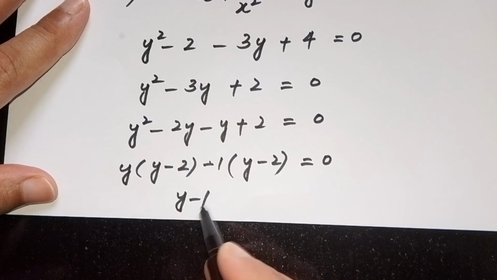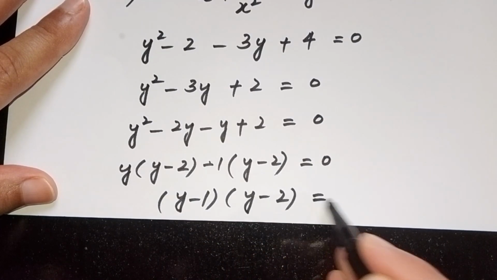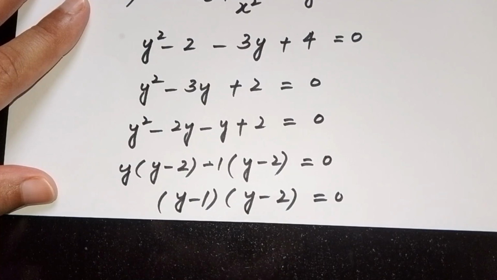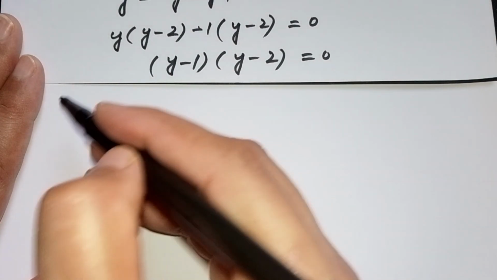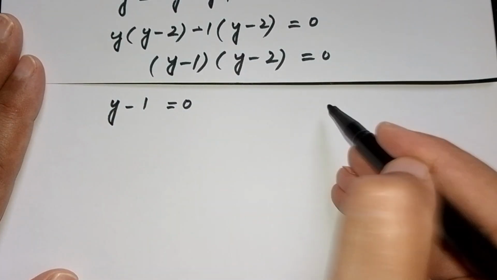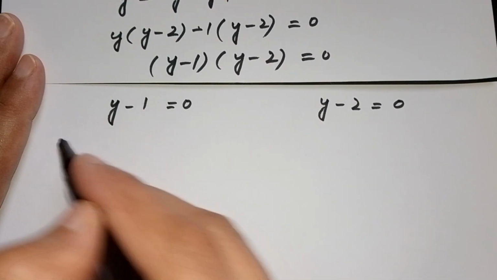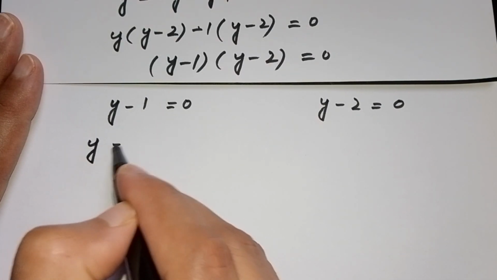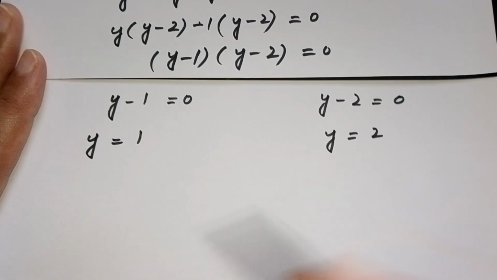From here we have y minus 1 times y minus 2 is equal to 0. So y minus 1 is equal to 0, and y minus 2 is equal to 0. We have y is equal to 1, and on the other hand y is equal to 2.